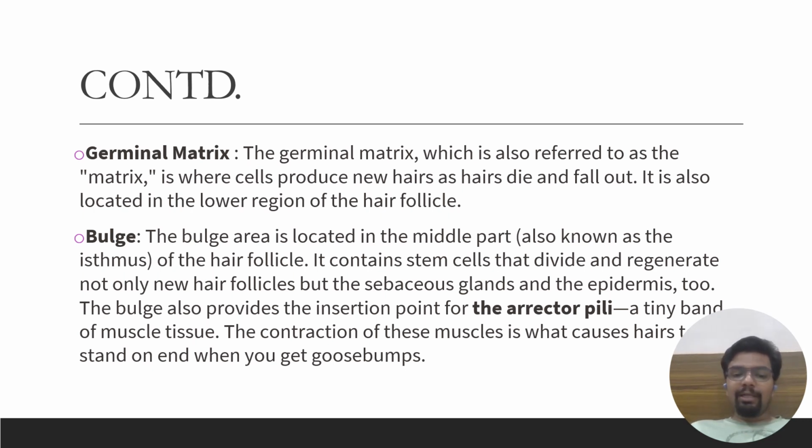So not only does the isthmus or the bulge contain the stem cells, it also connects with the erector pili, which is basically the cause of the hairs standing on end in case of an adrenaline rush. And now we will discuss the hair shaft in our next slide.